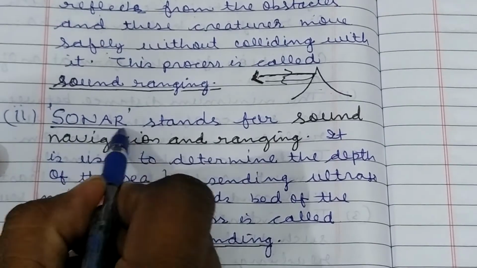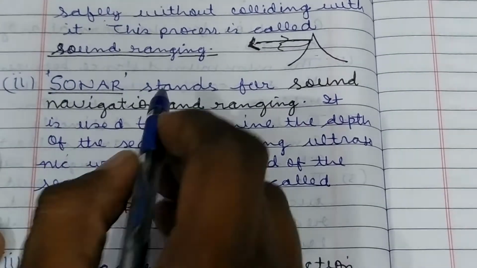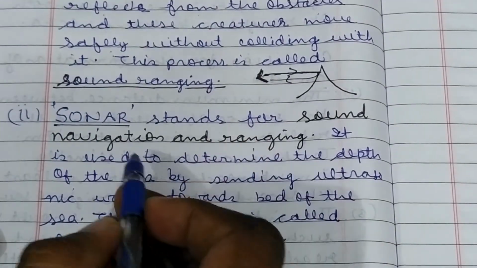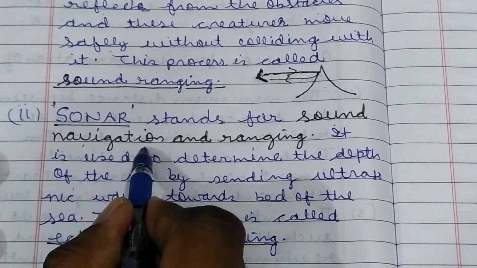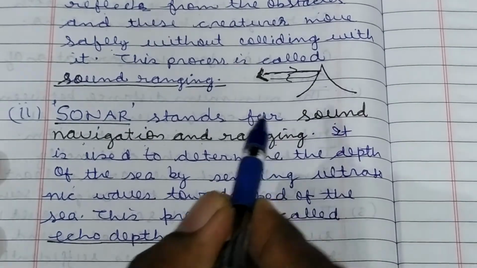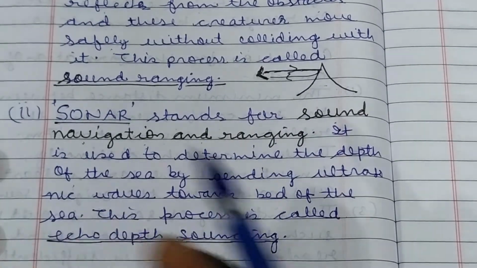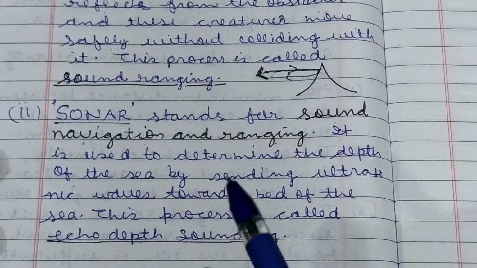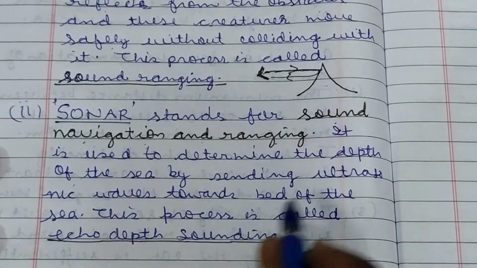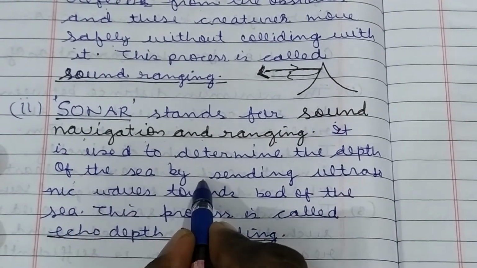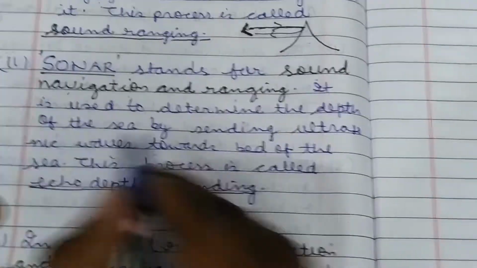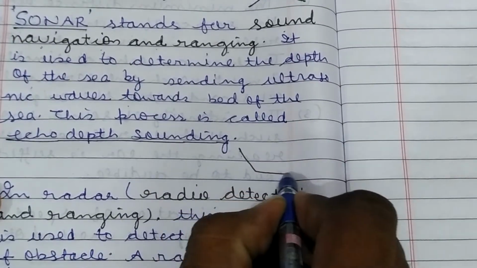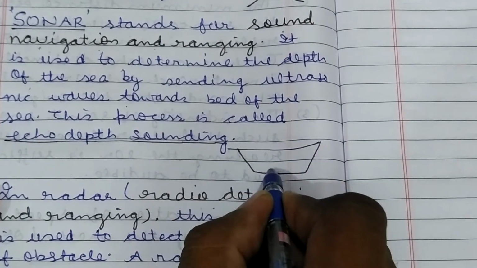The next method is sonar. The next two are the most important, as it may be asked what the full form of sonar is. Sonar stands for Sound Navigation and Ranging. In this, ultrasonic sound is used to detect the depth of the seabed. It is used to determine the depth of the sea by sending an ultrasonic wave towards the bed of the sea. This device is basically applied at the bottom part of the ship.